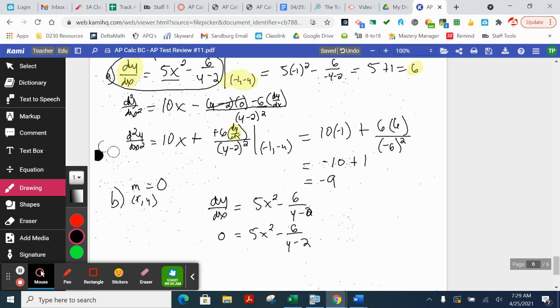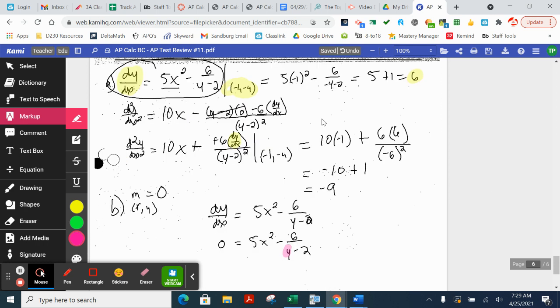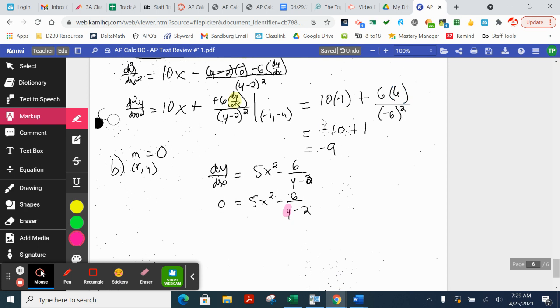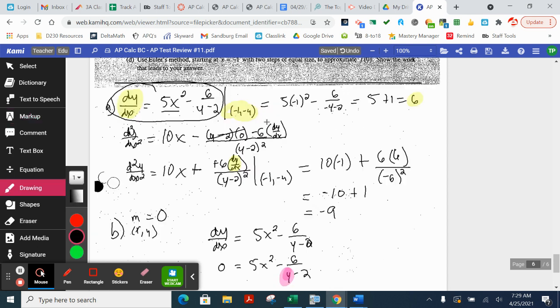There's one other element they're testing you on, and that is the idea of tangent on the x-axis. On the x-axis, doesn't your y value have to be 0 whenever we are crossing the x-axis?